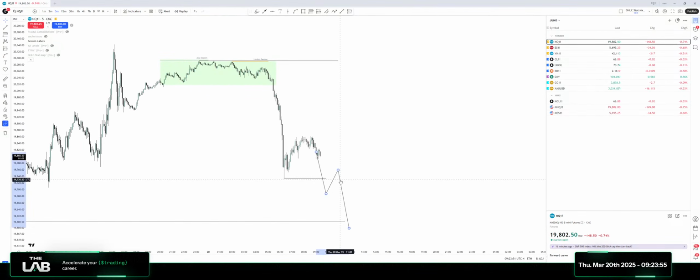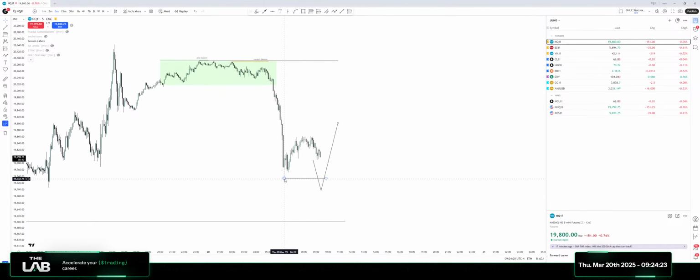If we do get a sweep, because right now if you don't know my model, one day we can do a workshop or something like this to go over the model. What I need after having the edge session, London session, smooth edges, whatever, on the highs or on the lows, at open or around open, we need the liquidity sweep and then big displacement.